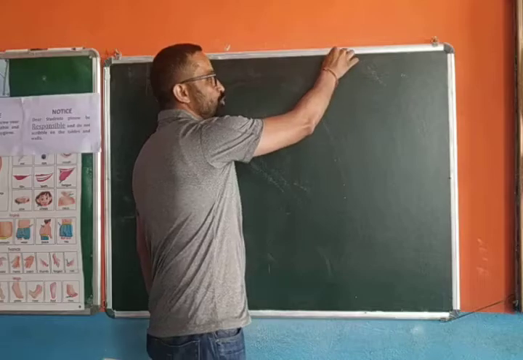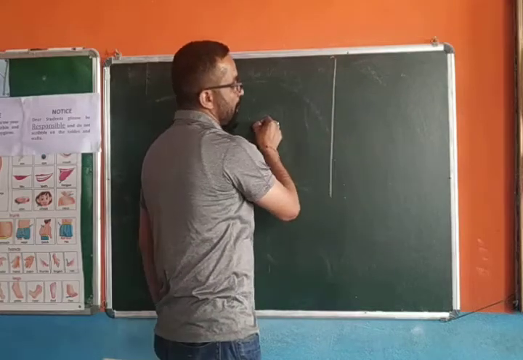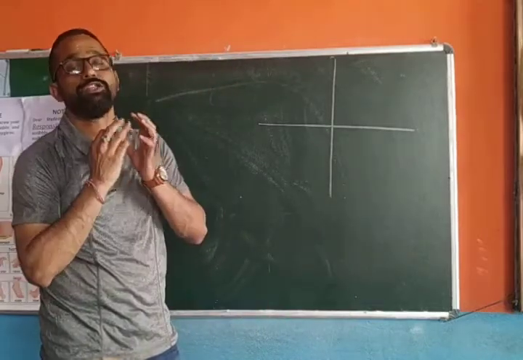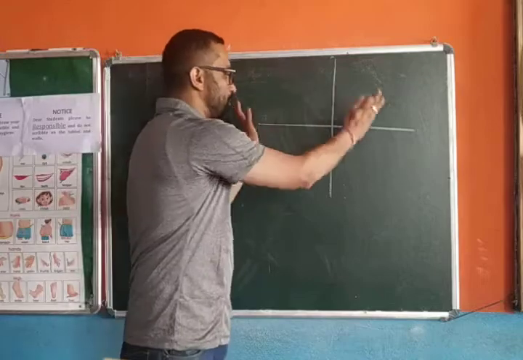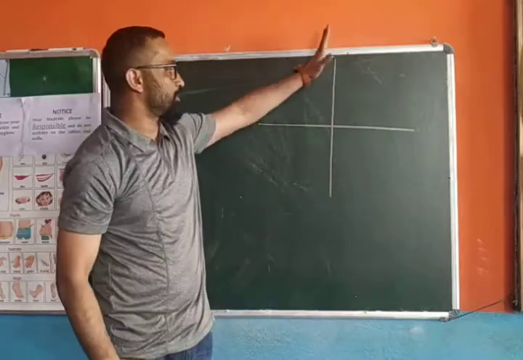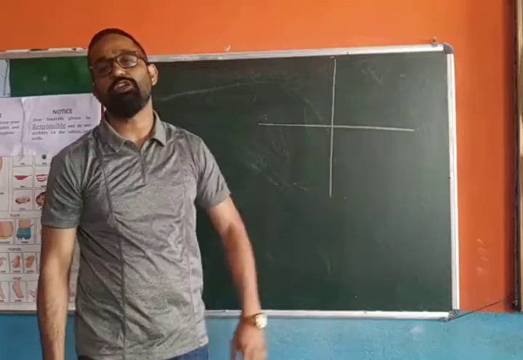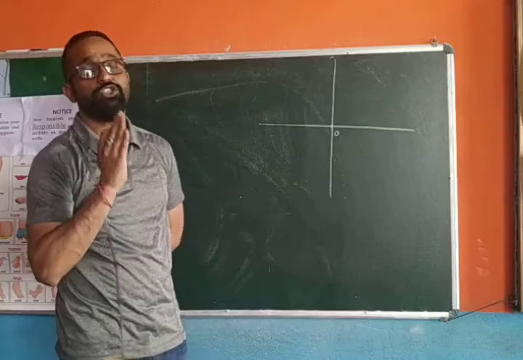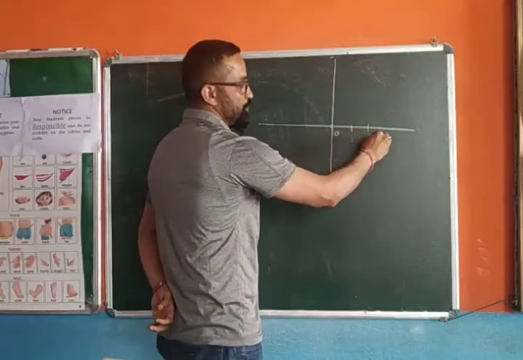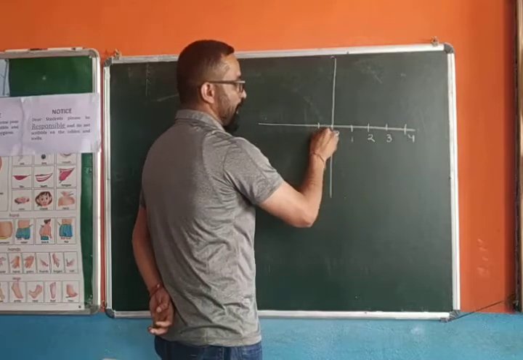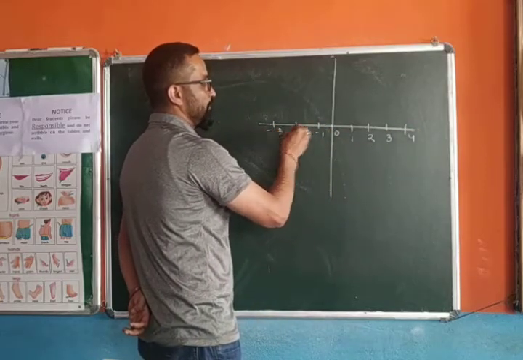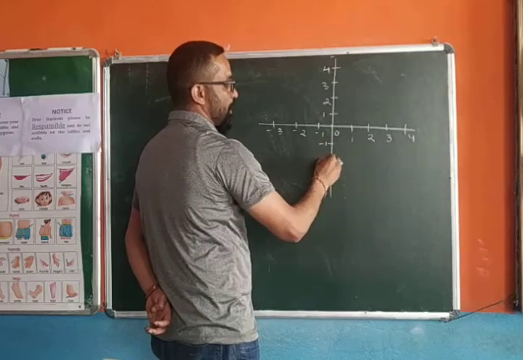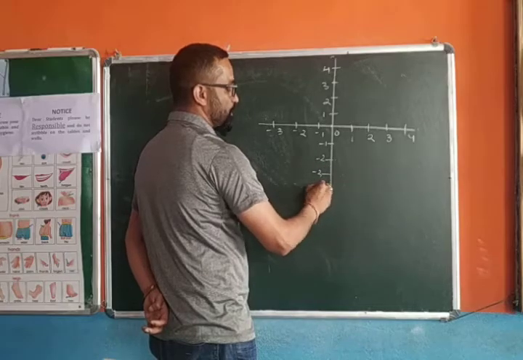If you have two number lines intersecting each other at the 0 mark, such that both number lines are perpendicular to each other and their intersection is at the origin: 0, 1, 2, 3, 4, minus 1, minus 2, minus 3, minus 4.